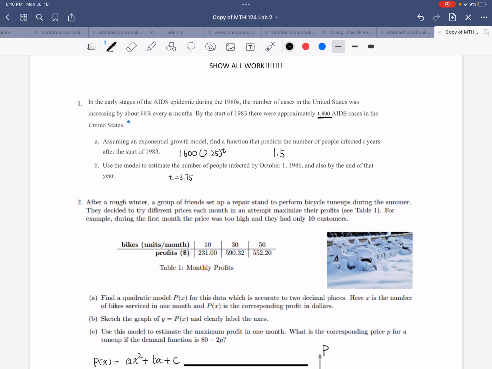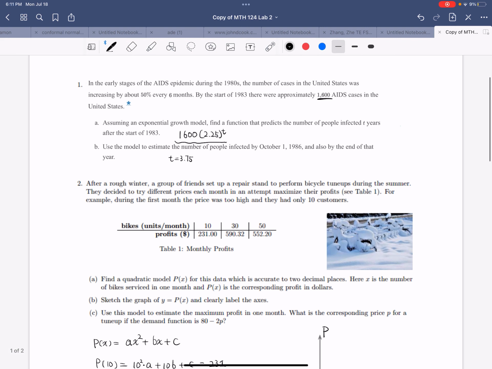So for a whole year it should be 1.5 squared, right? 1.5 squared is 2.25. So that's the number we need, and the function is 1600 times 2.25 to the power t. Okay, that's the first question.